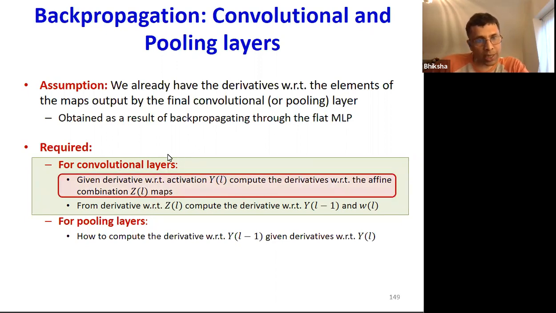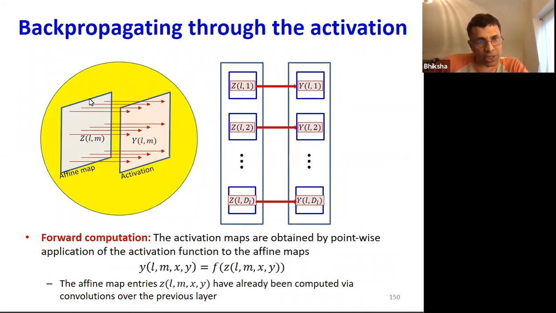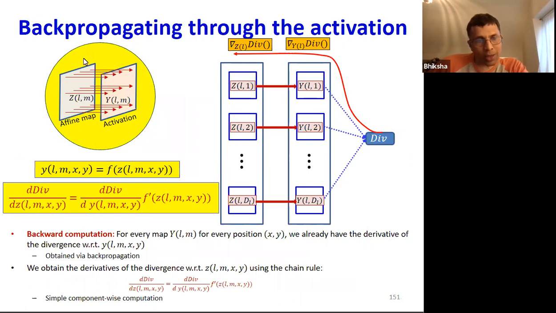Let's focus on the convolution layers first. And for the first part of it, let's look at how to compute the derivatives for Z given the derivative for Y. And this was easy, right? On each affine map, you apply an activation function pointwise to get the corresponding activation map. So you apply a pointwise activation function on each element of every plane in Z to get the corresponding element in Y. So going backwards, if you already have the derivative for Y, then again, this is pointwise.